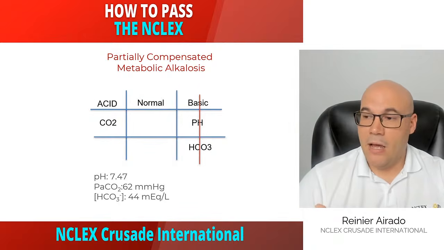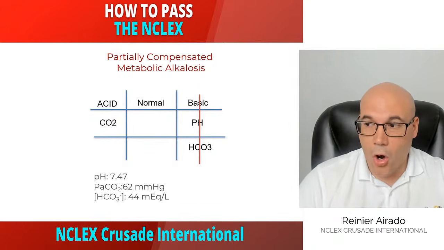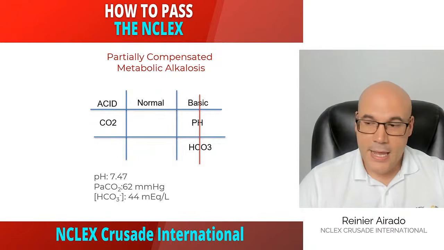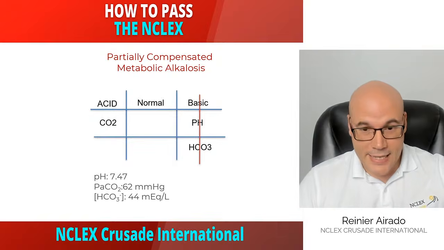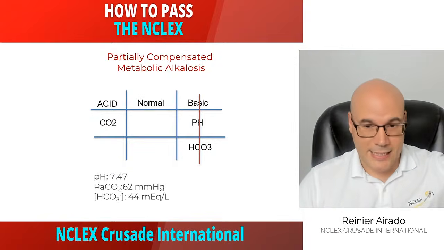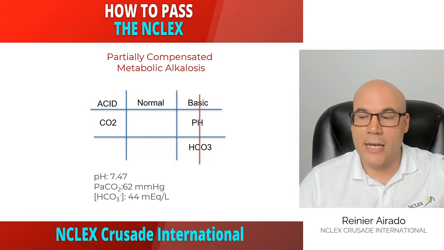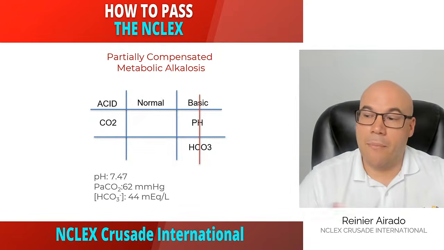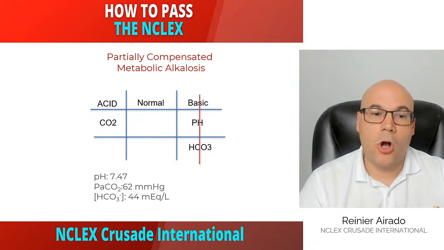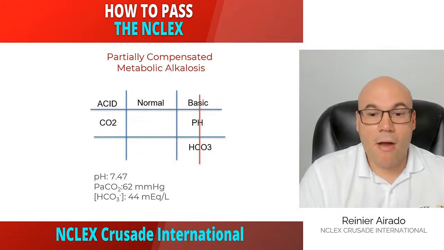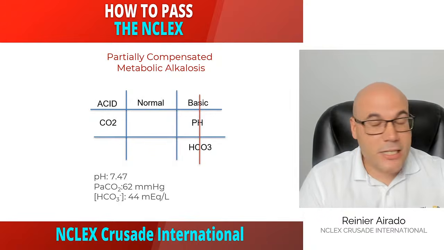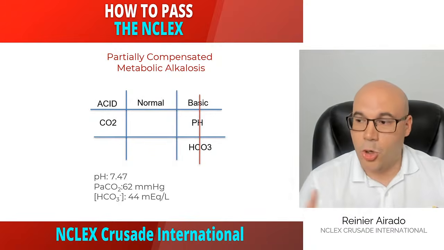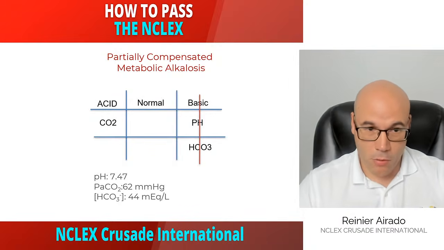Now, is it partially compensated or uncompensated? It is partially compensated. Why? The CO2 is on acidosis trying to compensate, but the pH is still abnormal. That is why it's called partially. It's trying to compensate, but it's not strong enough to pull the pH back to normal.